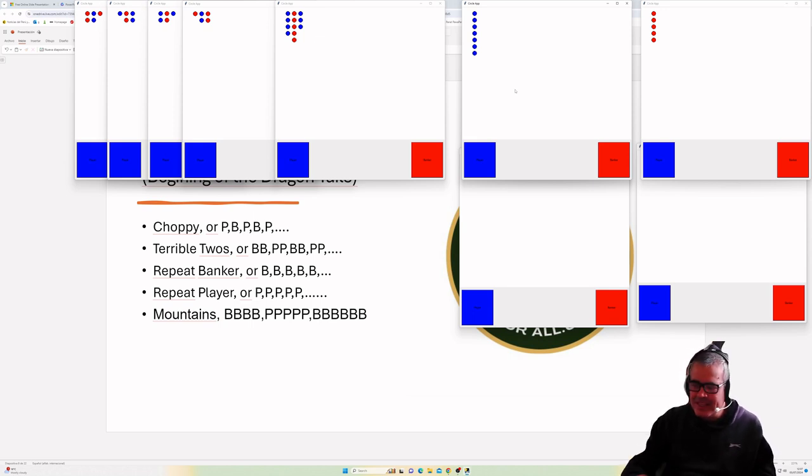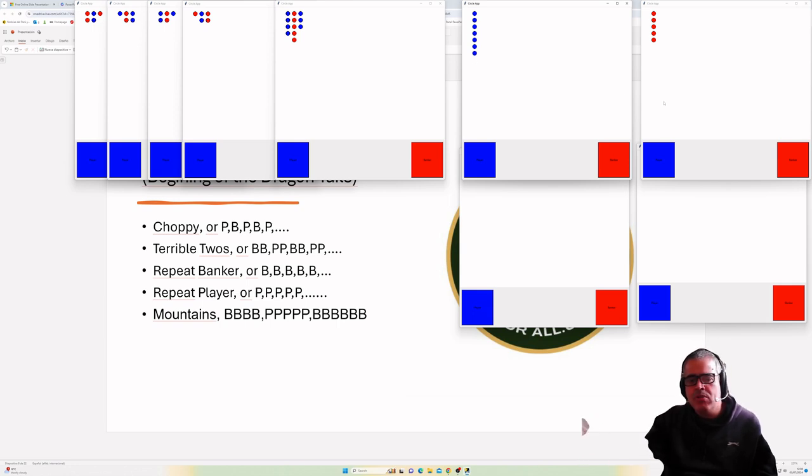So to see this, you have to play 200 events. Every shoe normally takes 60 or 65 events, so you have to play about three shoes to find one of 7.